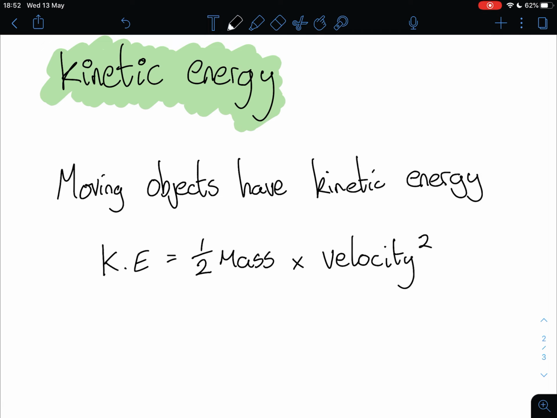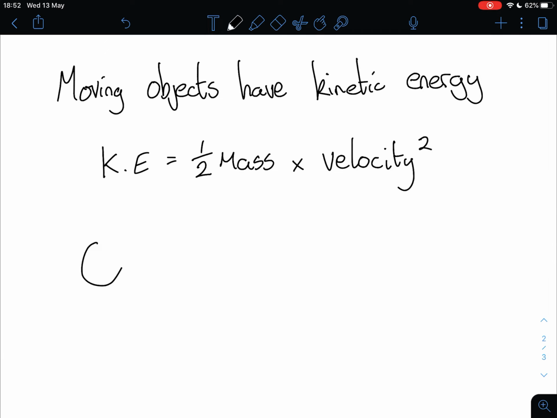Like that. So let's take a typical object. Say we were throwing that ball from the other lesson. Taking a football, mass of 0.5 kilograms. Already I can see I've made my life hard. I'm going to kick the ball along and it's going at, really going to try and keep it simple, 2 meters per second. So let's give it a go.